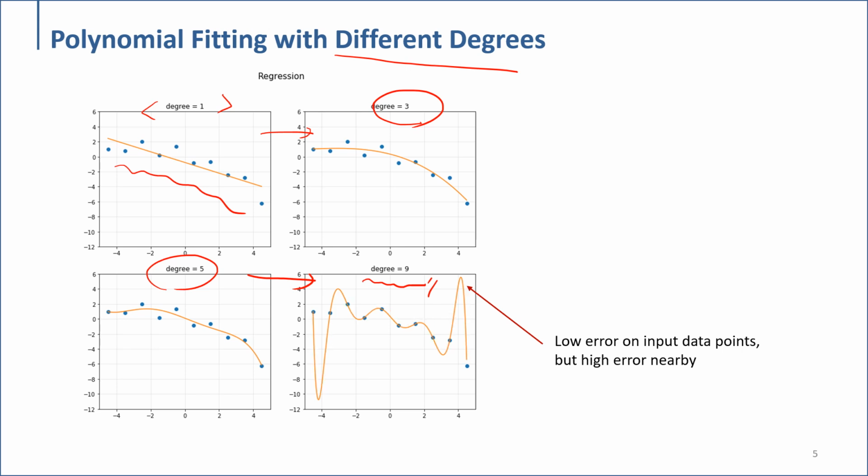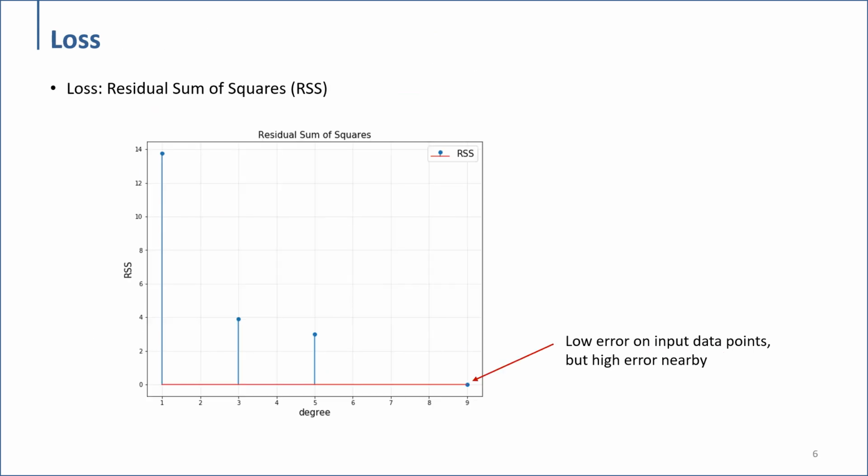So we can conclude that in this case, there is low error on input data points, but we can clearly see high error nearby. At this point the error is very small, but in the nearby points there is very high error, so it's not a good case. For quantitative analysis, let's calculate the residual sum of squares.